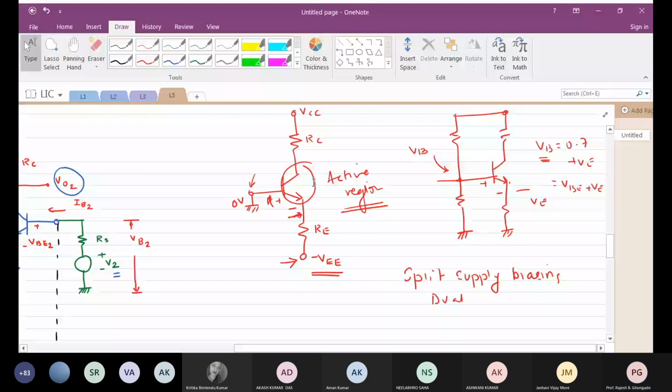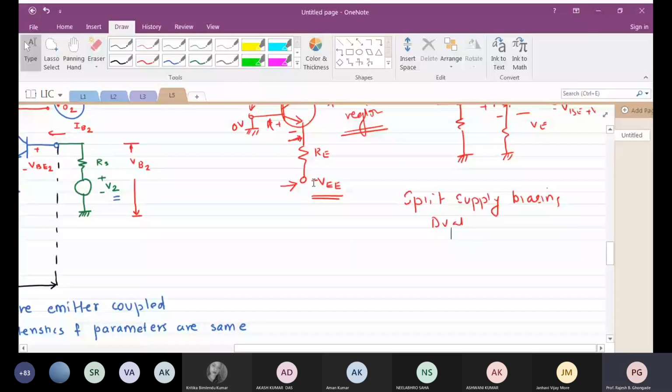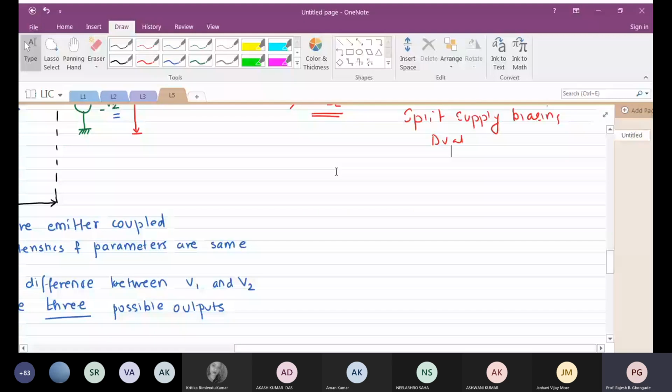Because of that, two important things have happened. What are they? If we have eliminated R1 and R2, immediately two interesting things have happened. What are they?